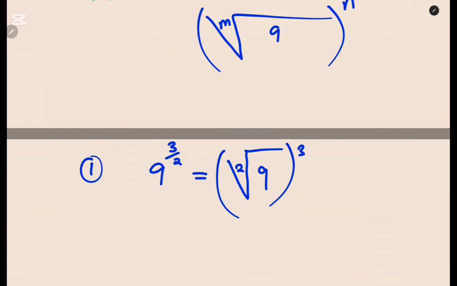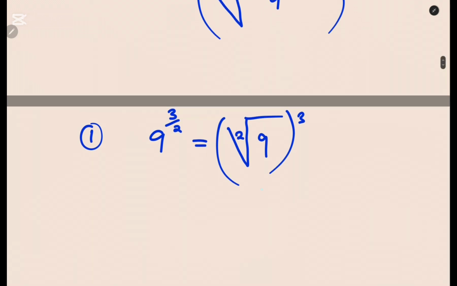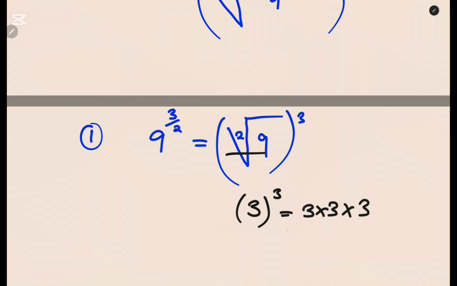Now, the square root of 9 is the number that we can multiply by itself to give us 9, and that is 3. So the square root of 9 inside the bracket here is 3, but to the power 3. 3 to the power 3 is 3 multiplied by 3 multiplied by 3, which is 27. So 9 to the power 3 over 2 is 27.